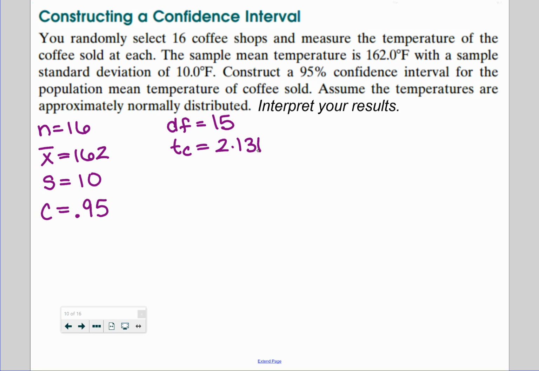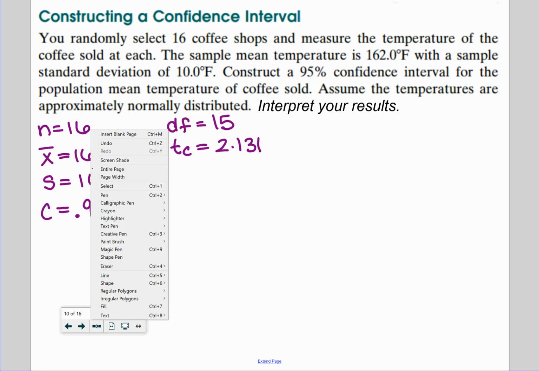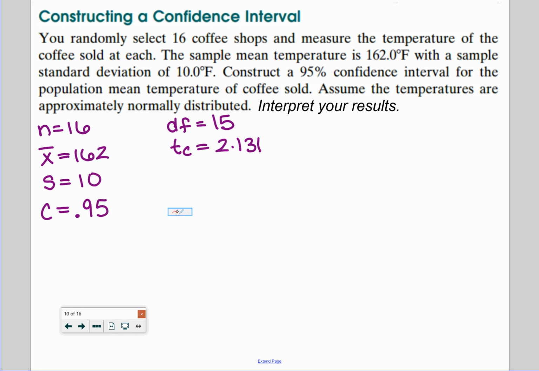Once I have a critical value, I can find the margin of error. So we're going to calculate E: 2.131, my critical value, times my sample standard deviation 10 over the square root of n, square root of 16. Type it in your calculator.